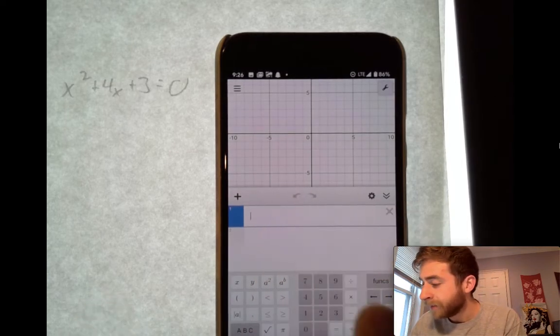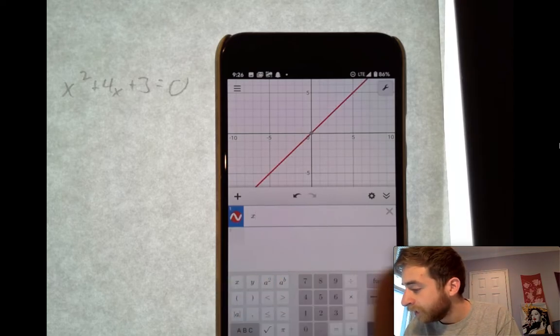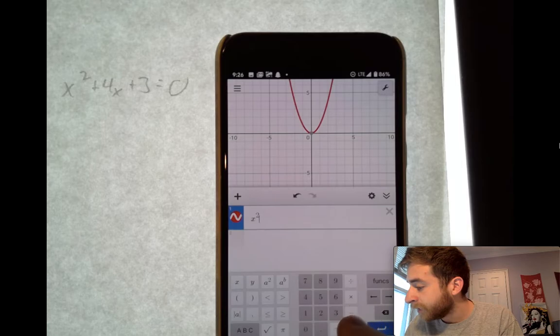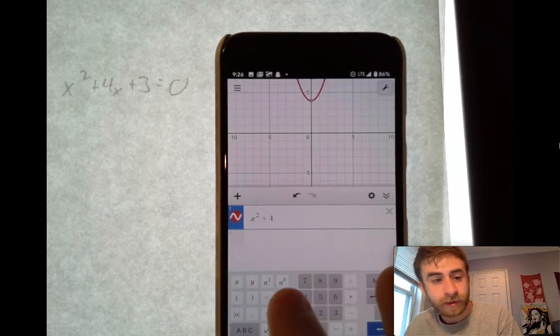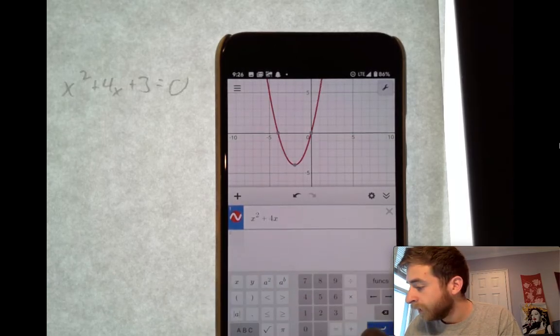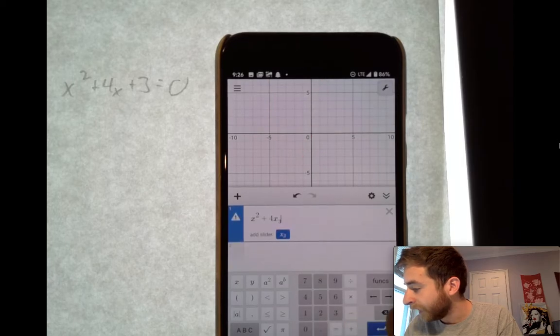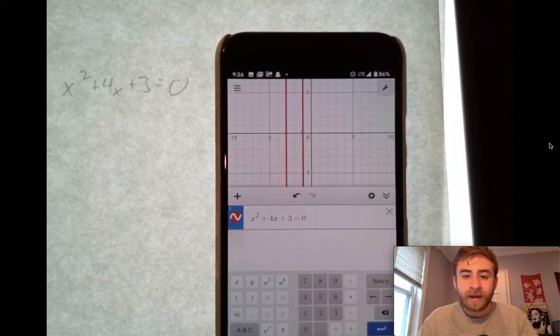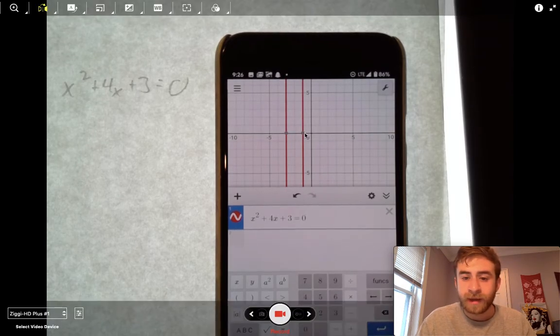So if I type in x squared plus 4x plus 3 equals 0, it's going to give me a picture that looks like this.